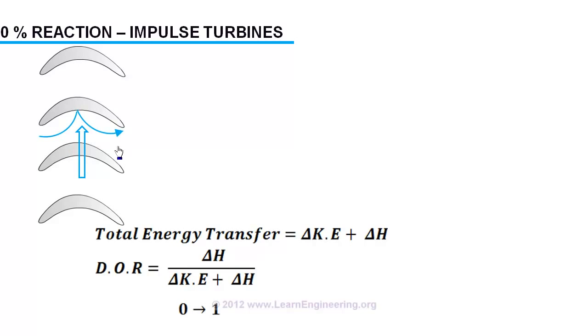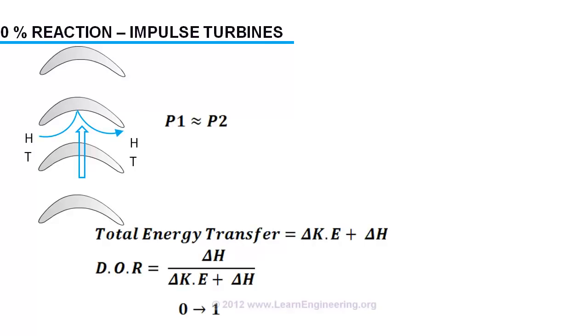Or force is produced on blades due to pure impulse action of steam. We know along the blade enthalpy doesn't change. Along with enthalpy, temperature will also remain the same, because enthalpy is a direct function of temperature assuming steam as an ideal gas. There will be a slight drop in pressure, but you can almost assume pressure is the same across the rotor. The only quantity which changes here is the velocity.